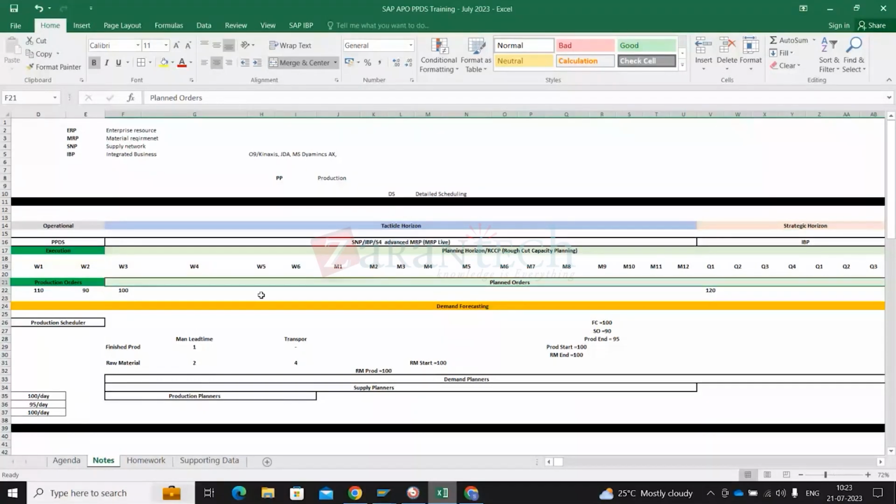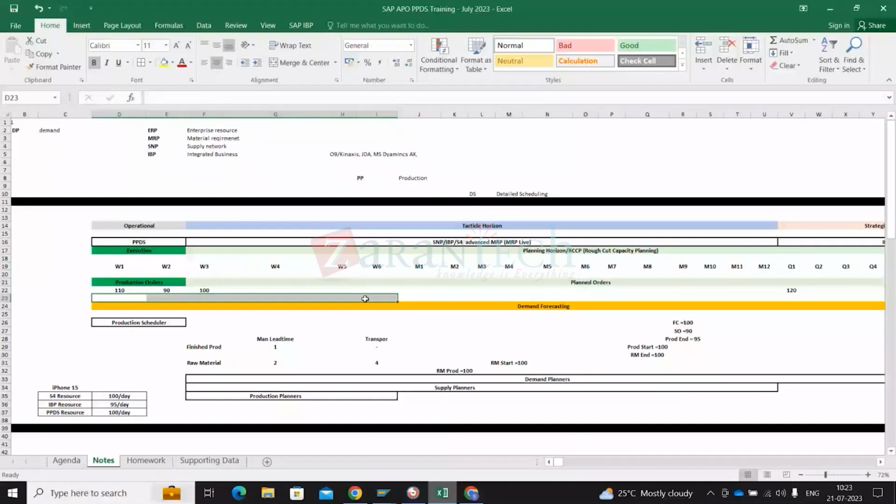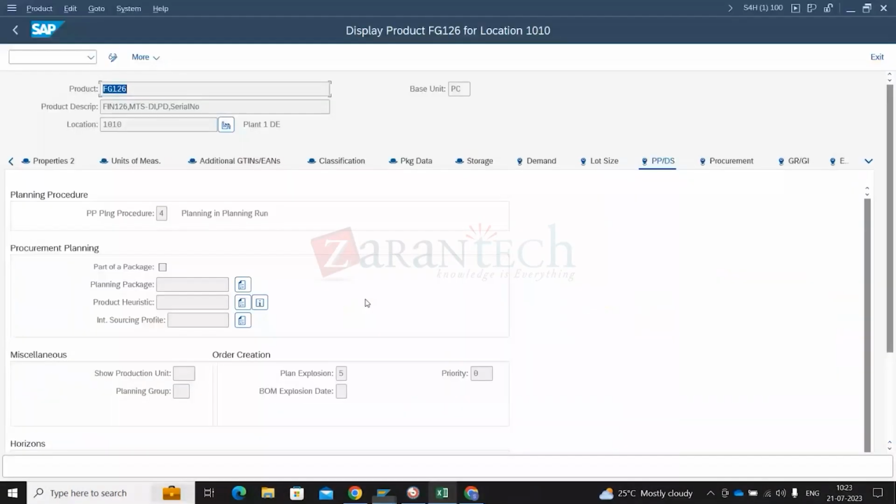While you are here in the short-term horizon, every day you have to consider the changes in demand and supply, so you have to run it every day. At times you may want to run it 4 to 5 times a day, depending on the criticality of the situation. For that purpose, what SAP has given us is this PP planning procedure.